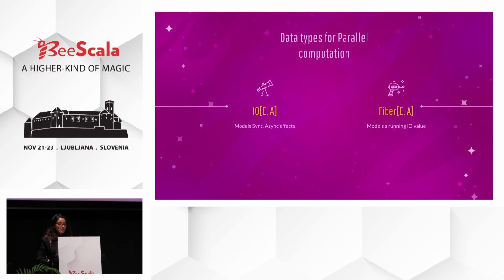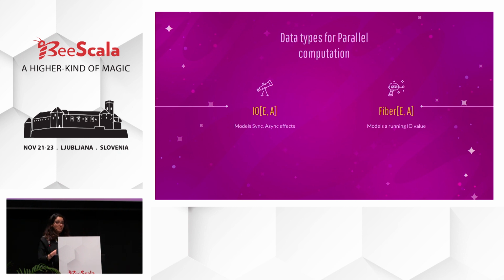So we can use I/O to model synchronous, asynchronous effects, and for each I/O, when we decide to execute it and interact with the outside world, there is a fiber. It's a data type built on Zio that will execute the value inside the I/O.